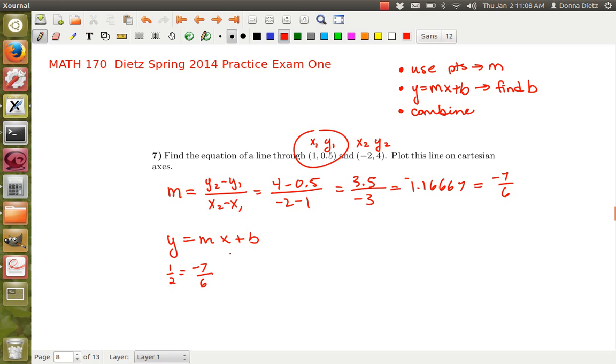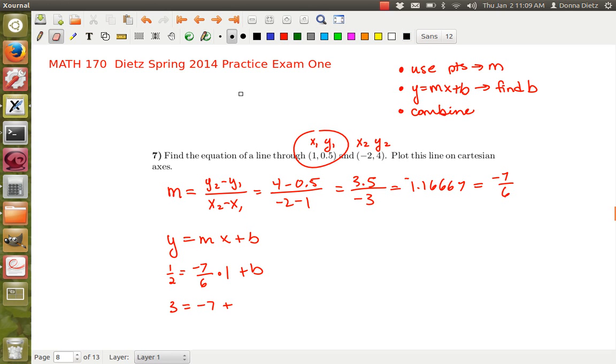So, okay, and x is 1. And you want to find b. If I multiply everything by 6, then I'm going to forget.